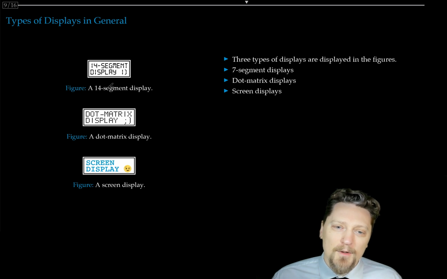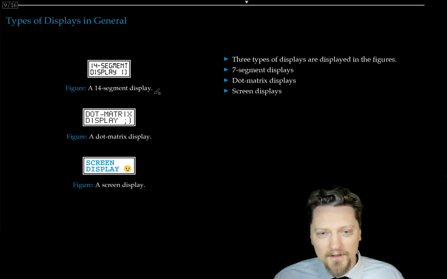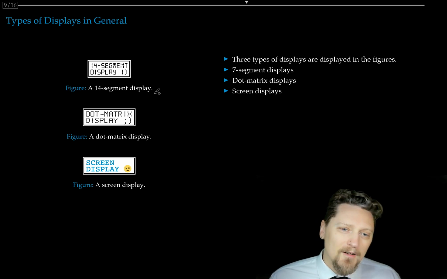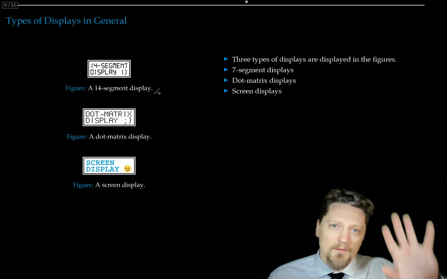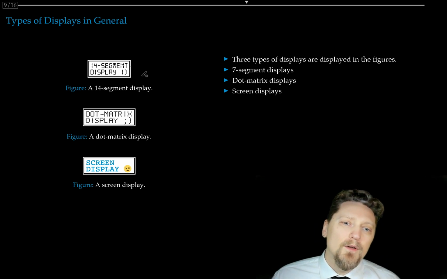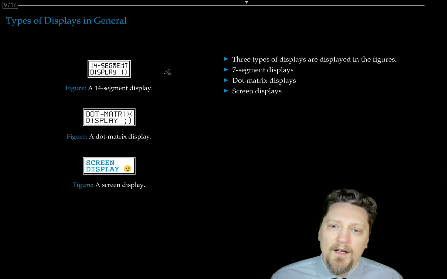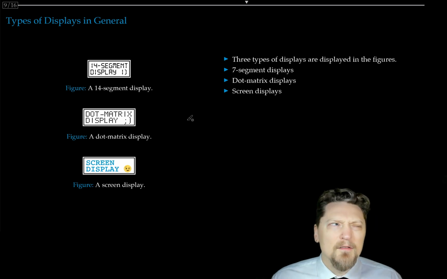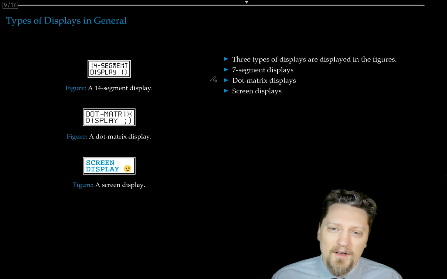So a 14 segment display is one that you will see occasionally, like, for instance, if you've ever gone to a sporting event that has a reader board, you'll see these sort of segment displays. So there are 7 segment displays. There are even higher number of segment displays as well. You'll see occasionally.